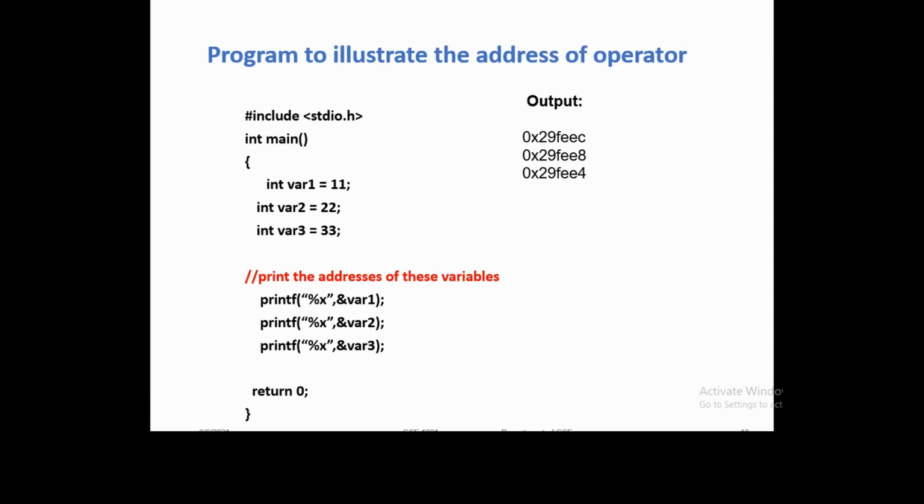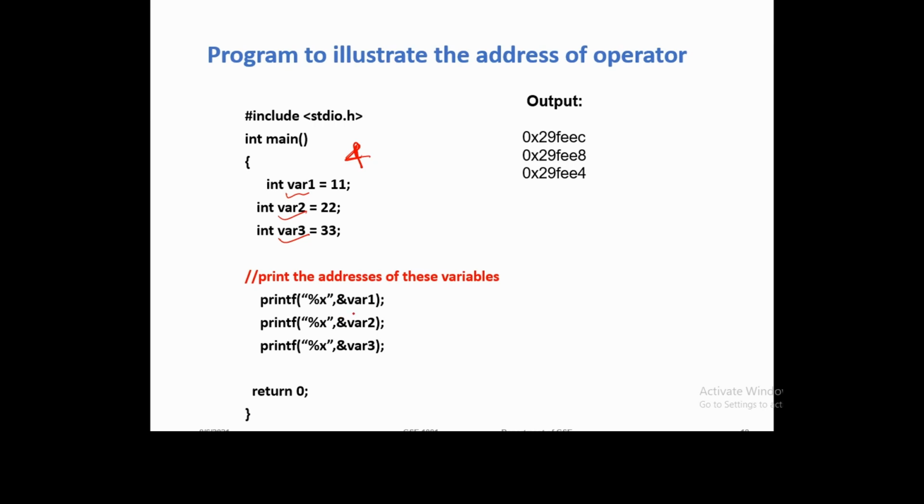Now this is a very simple program here. Like if we want to print the addresses of some variables, then this is the first variable, second variable, third variable. And if I want to print the address of these, then I just need to place an ampersand sign in front of the variable name. Like if I simply take %x var1, then it will print 11.